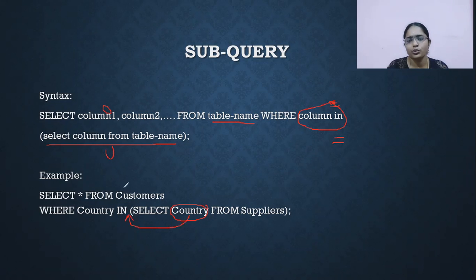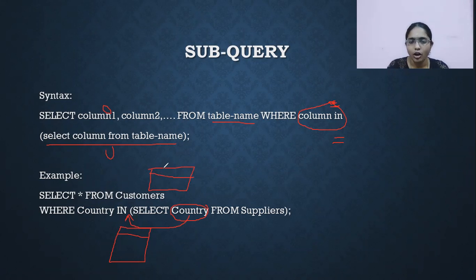So what is your outer query? Select star from customer where country in supplier. Wherever your suppliers are, that particular country will be fetched, and here you're going to fetch all the information of the customer whose country is matching with the suppliers.